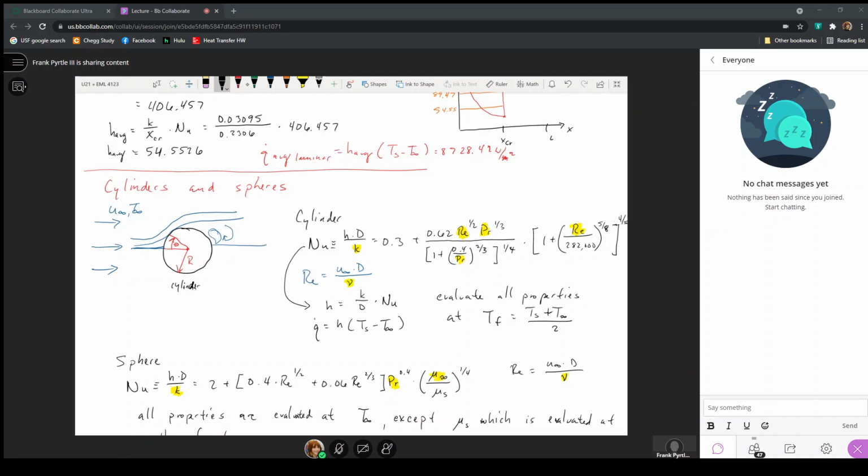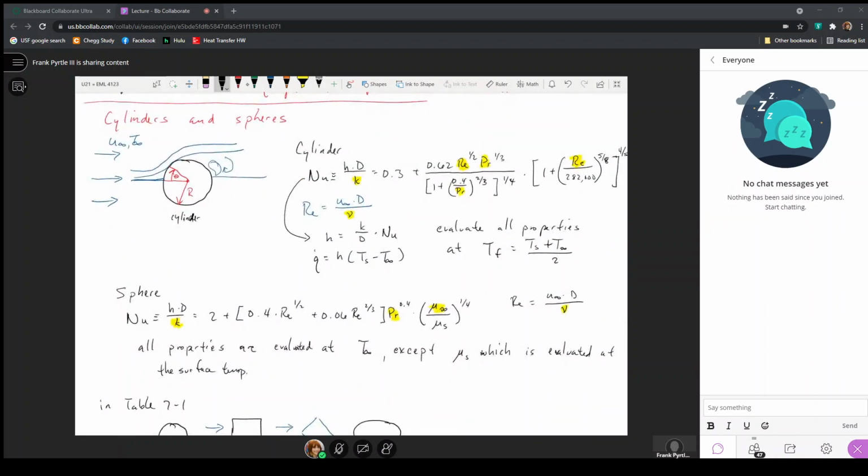So when calculating the Prandtl number or looking it up, and calculating the Reynolds number, where we have to look up the kinematic viscosity, those properties are all evaluated at the film temperature, which is the average of the surface temperature and the free stream temperature, T infinity.